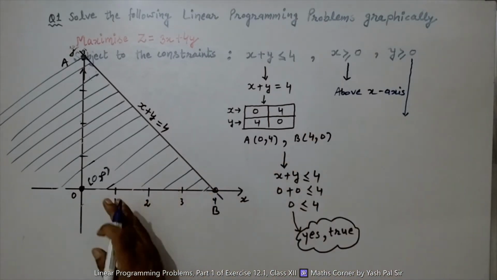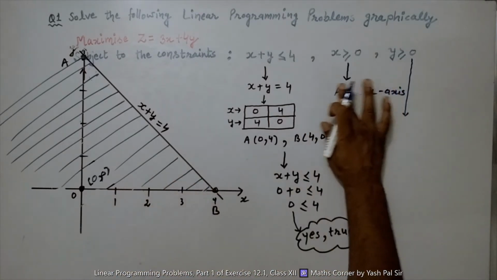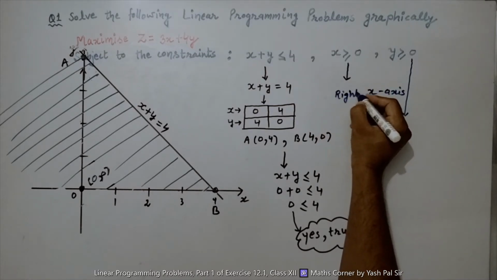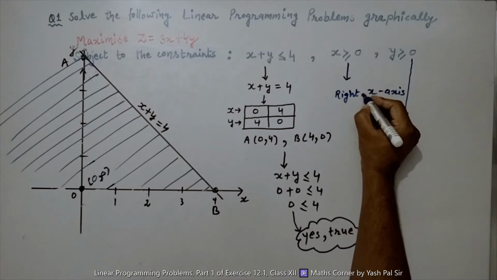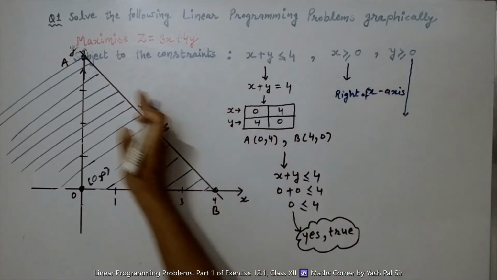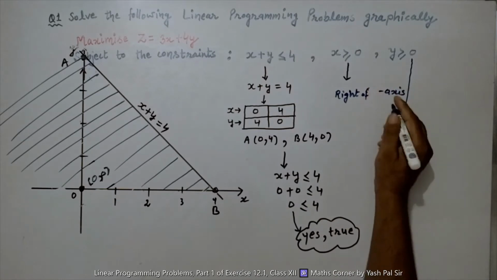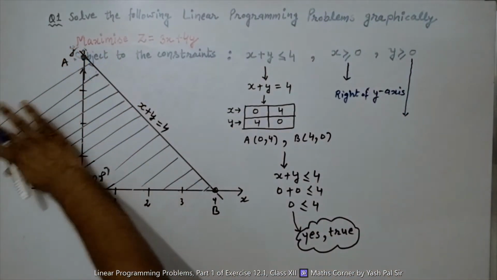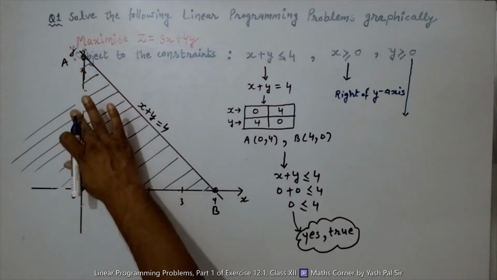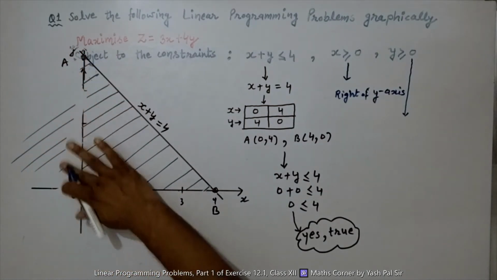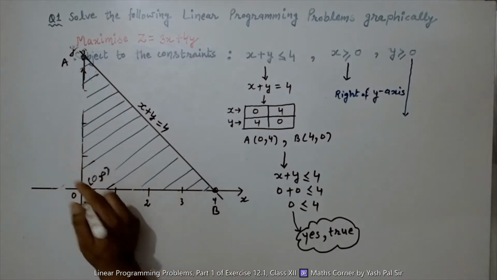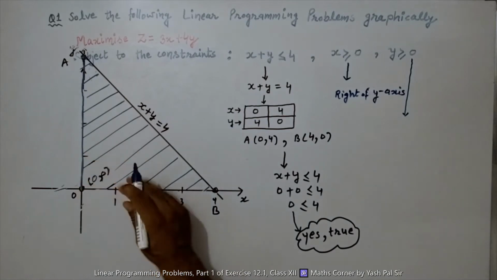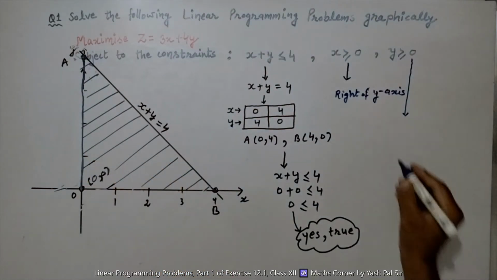Where is the right side? x greater than or equal to 0 was the right side of the y-axis. So this way we are left with the shaded portion only in the first quadrant.